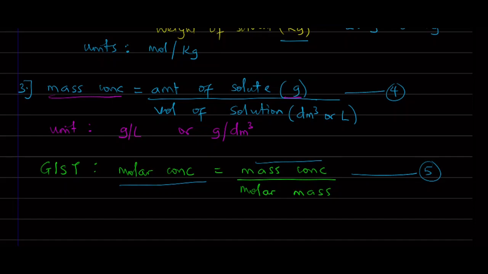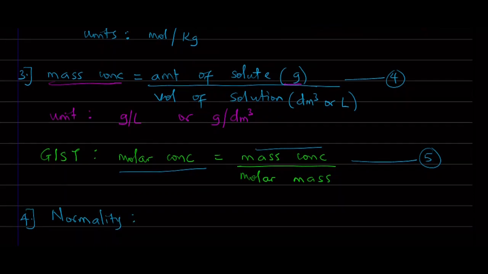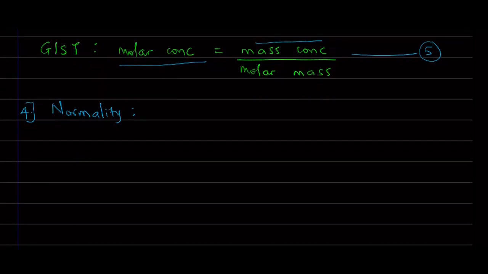Now let's move to another one, the fourth one, which is known as normality. Normality is defined as the number of equivalents of the solute contained in 1 liter of solution.